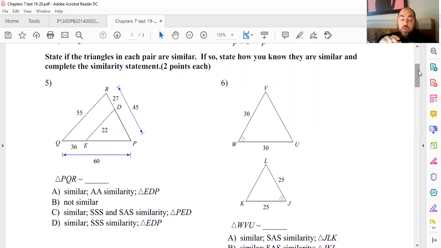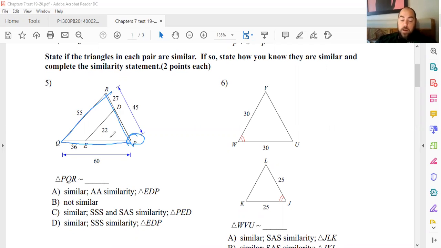So what we want to do here, so we're looking at five. The first thing we want to look at is identify what the two triangles are. Okay. So we've got this triangle right here, PQR. So that's our starting point. And the other one is EDP or PED.